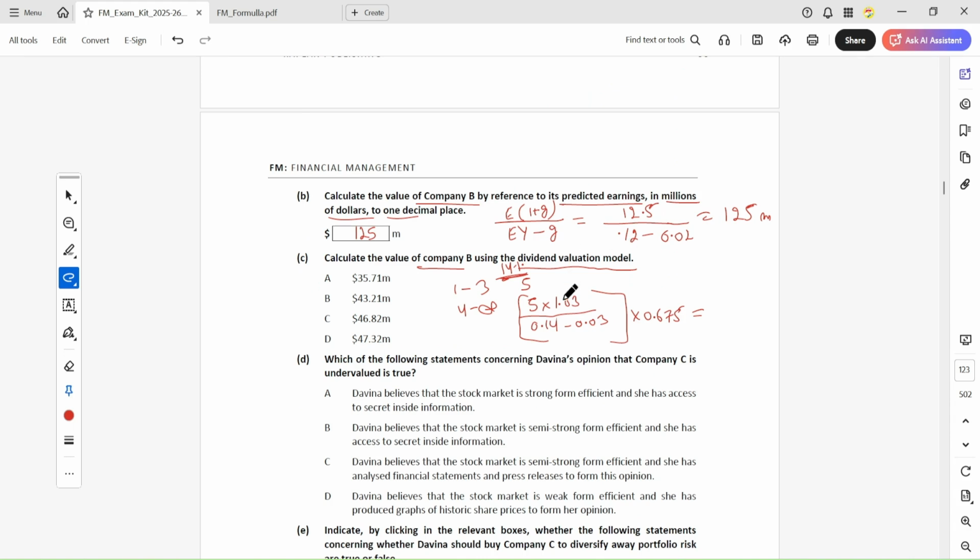This is the annuity we have to take because the dividend is constant. We have to multiply it by 2, so we will get 11.